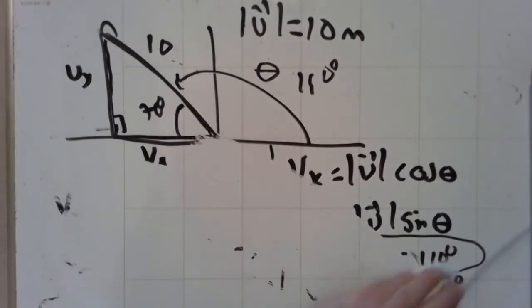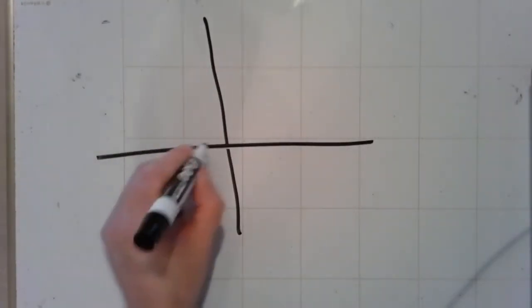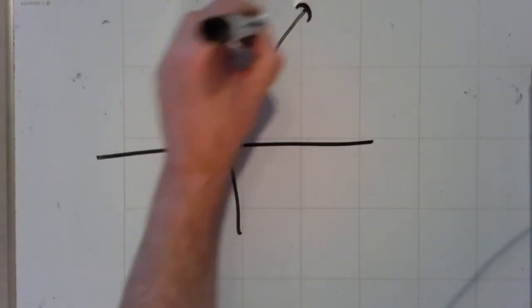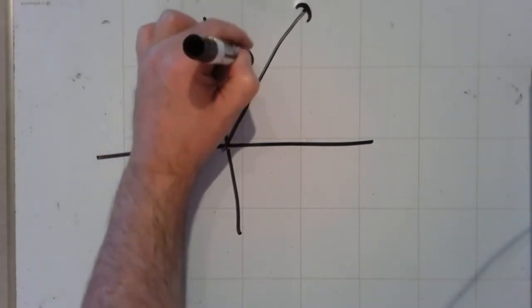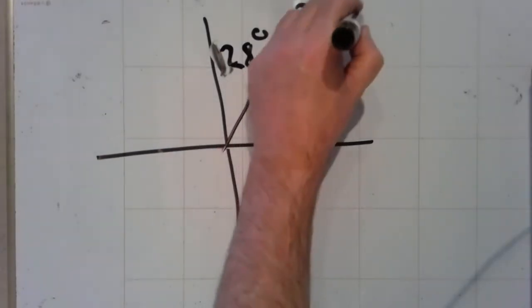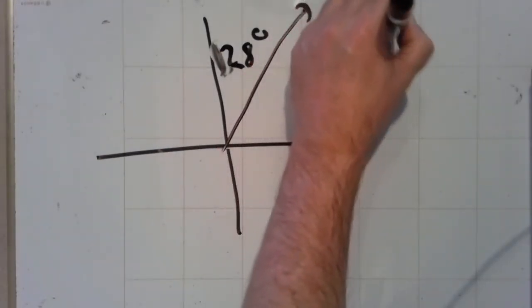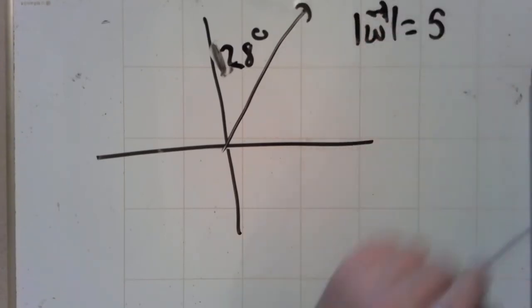Okay, let's do another one, but this time we're going to be given the wrong angle. And we could either stress about it and memorize formulas, or we could just use the trig that we know. Let's say we're told that angle right there is 28 degrees. And let's call this guy W. Let's say his magnitude is 5.